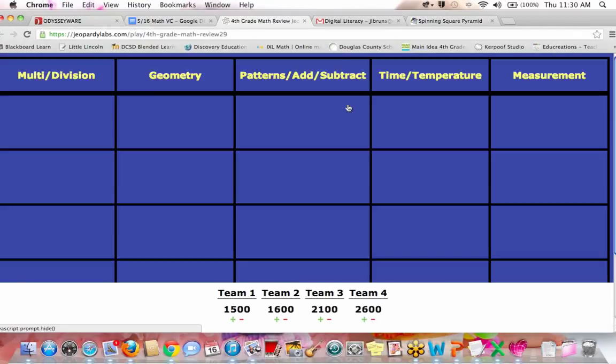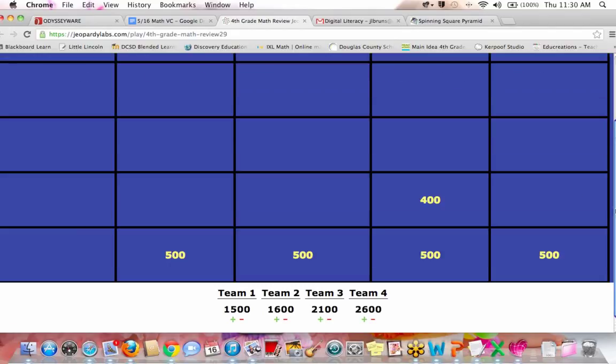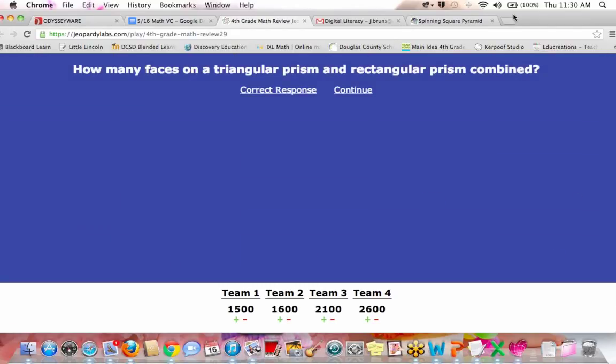Those geometry ones are kind of hard, especially when it's worth 500. How many faces are in a triangular prism and rectangular prism combined? Well, I messed up, and last time I was giving you faces and not edges, and so we know there's 4 faces on a triangular prism. On a rectangular prism, there were 5. 5 plus 4.